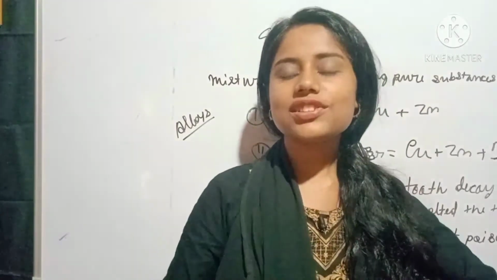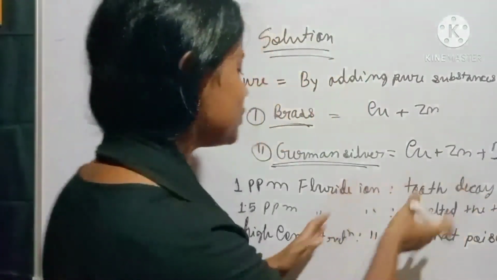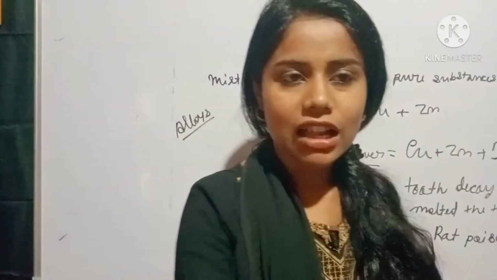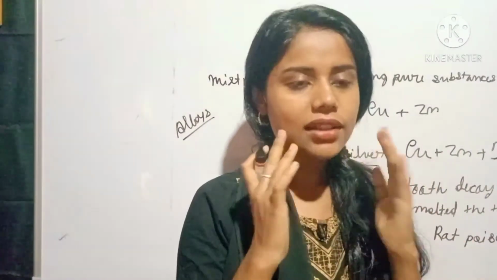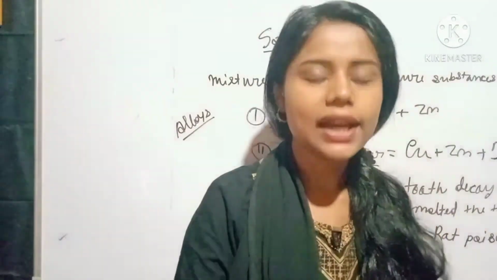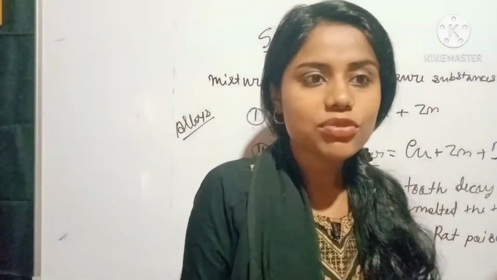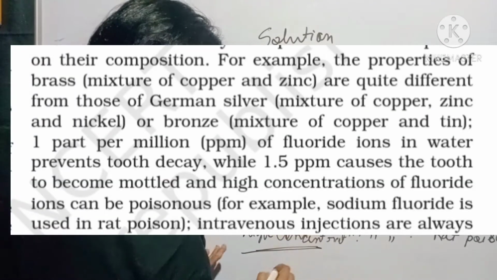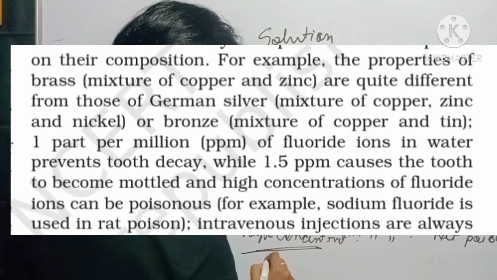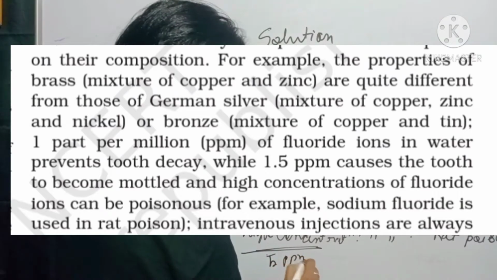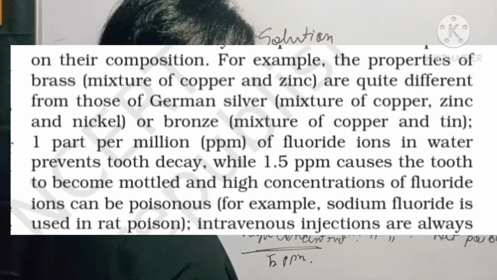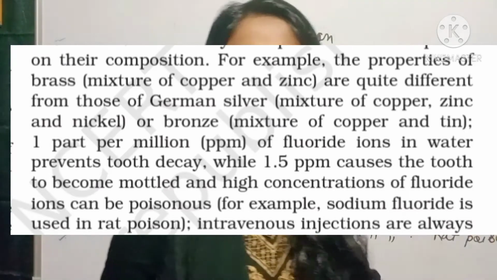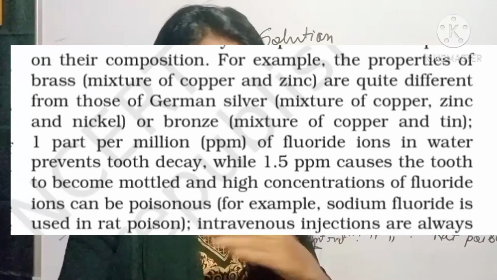If your teacher tells you to make a 1 ppm fluoride ion solution because it's helpful in tooth decay, your tooth decay will be reduced. But by mistake, if you make a high concentration, just 5 ppm or 6 ppm, or maybe greater than that, then it becomes a poison. So that's why we need to learn the concentration part.